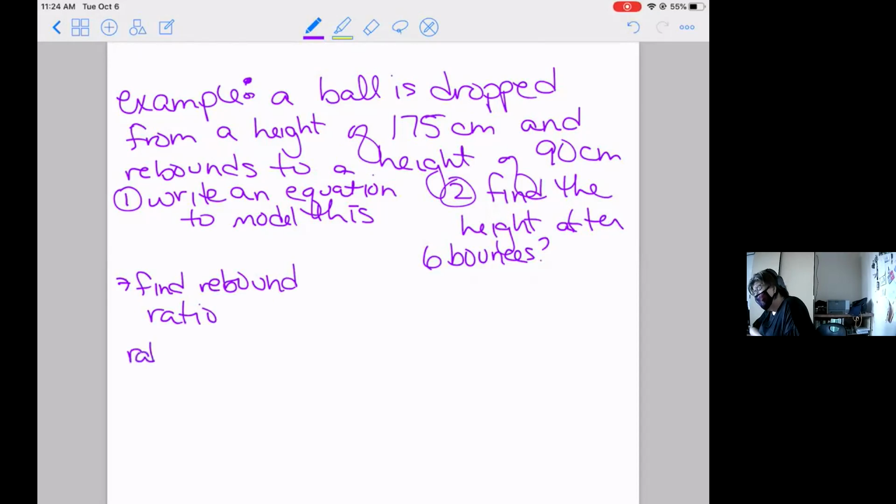Remember, the ratio is the rebound height over the drop height. What's the rebound height? Come on, what's the rebound height? How much did it rebound? 90. Over what was its height?